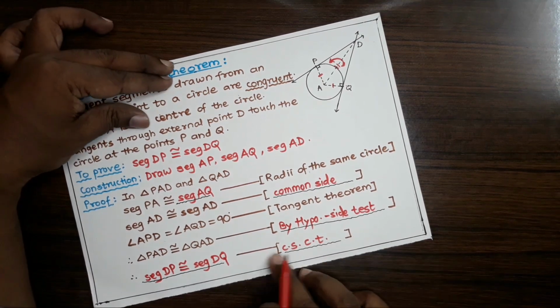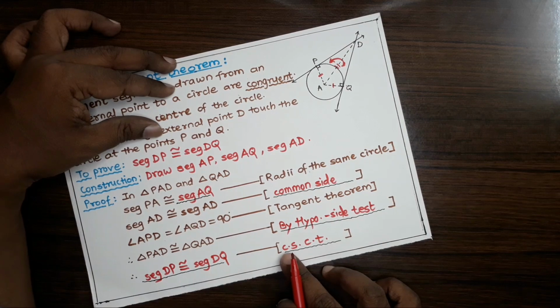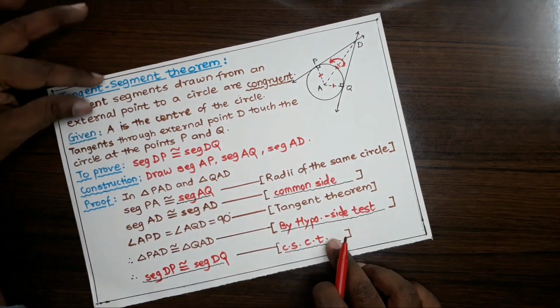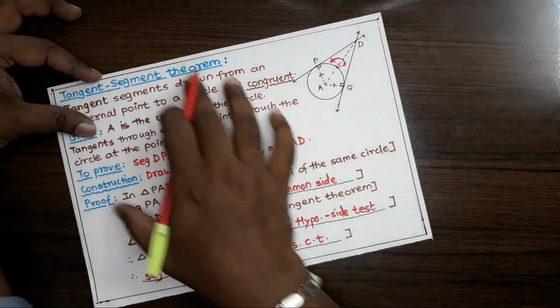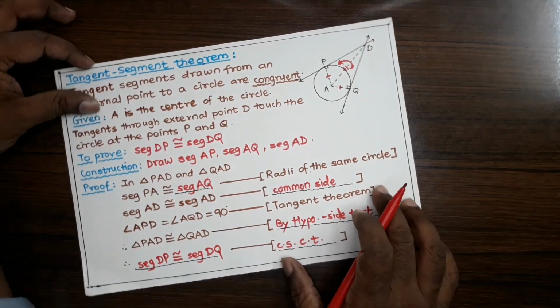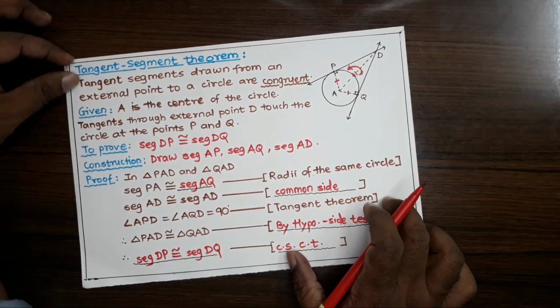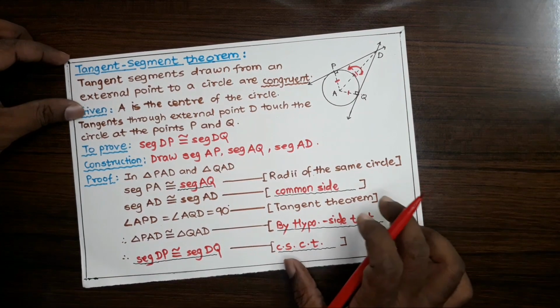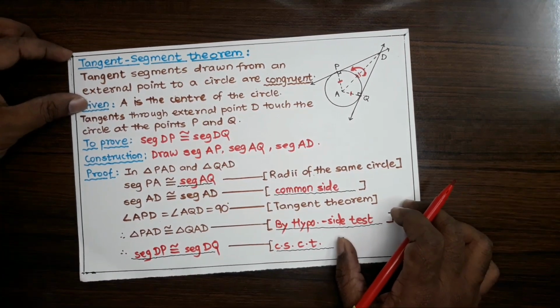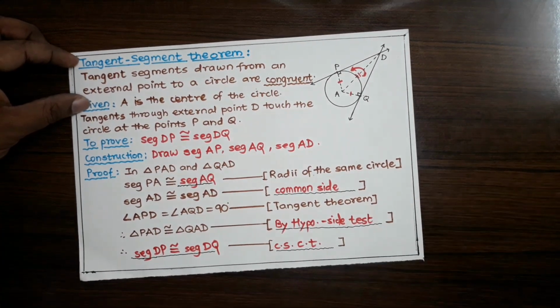We are going to write in short form: corresponding sides of congruent triangles. So friends, in this pattern they are going to ask you in the form of an activity to write the proof. So now let's see some problems based on these theorems.